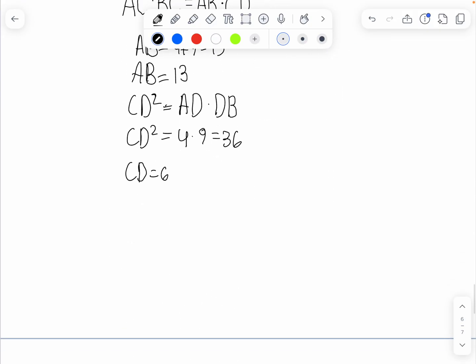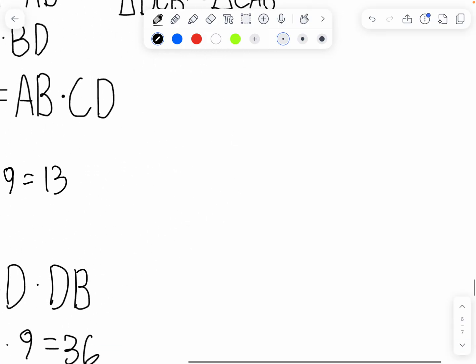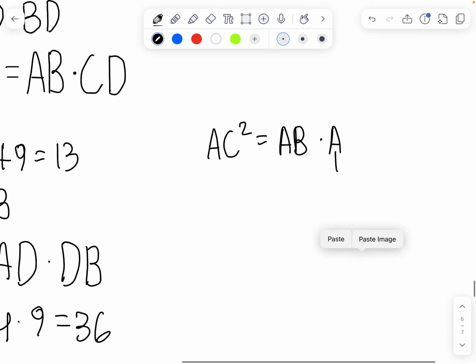Now we have to find AC. For AC, we'd use AC squared, which equals AB times AD.